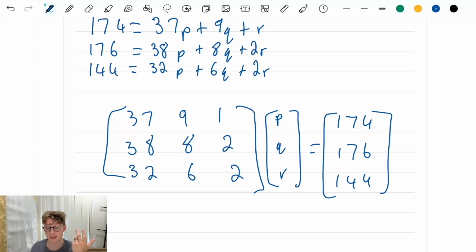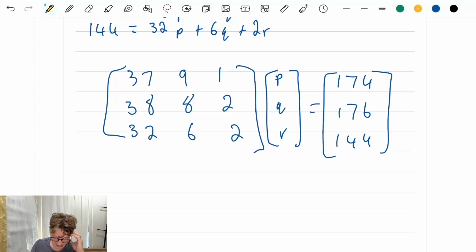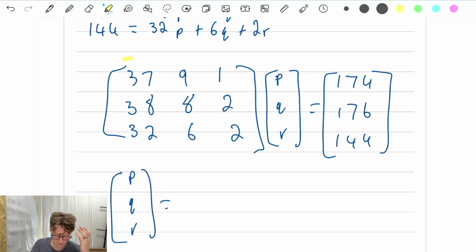So I can now find P, Q, R. I can do some matrix rearranging, right? I can find the inverse of each side. So I basically take this whole thing. I'm just going to write it out, and hopefully this will make sense. I'm going to get that P, Q, R is equal to the inverse of this matrix here.